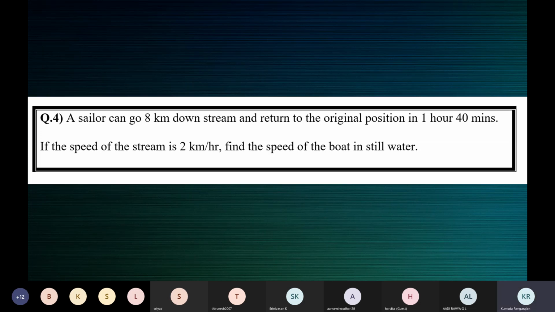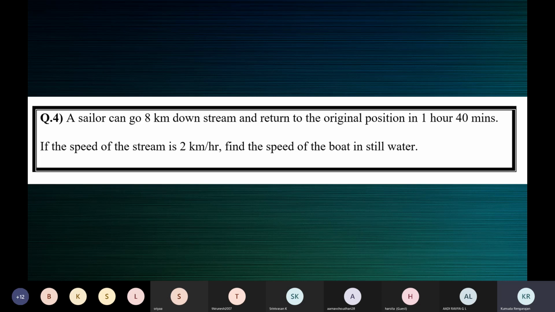Find the speed of the boat in still water, meaning the speed of the boat alone, without the influence of the speed of the water. What is the speed at which the boat moves without the effect of the speed of the water? That is the speed of the boat in still water.